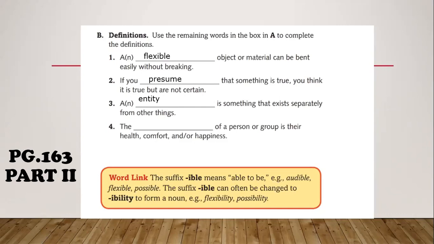Welfare. Thank you, guys and girls. In this case, most of you are girls. Okay. Number 1 is flexible. Object or material can be bent, remember. And if you presume, you suppose, right? An entity is something that exists separately from other things. And the welfare relates to health, comfort, and happiness.